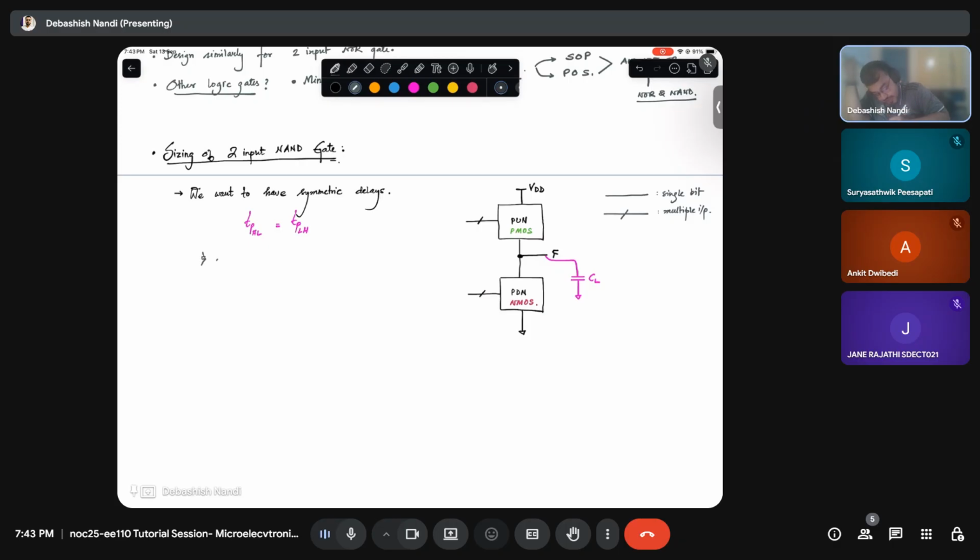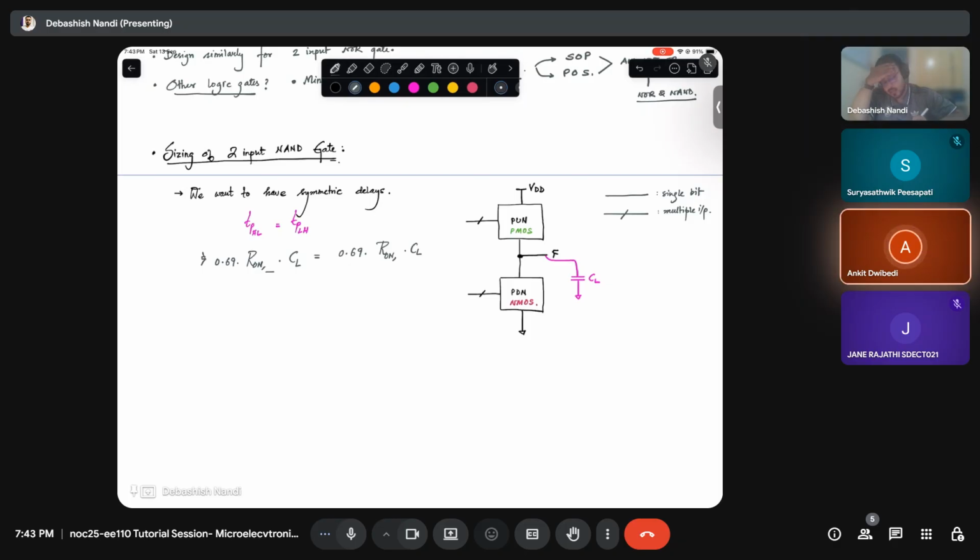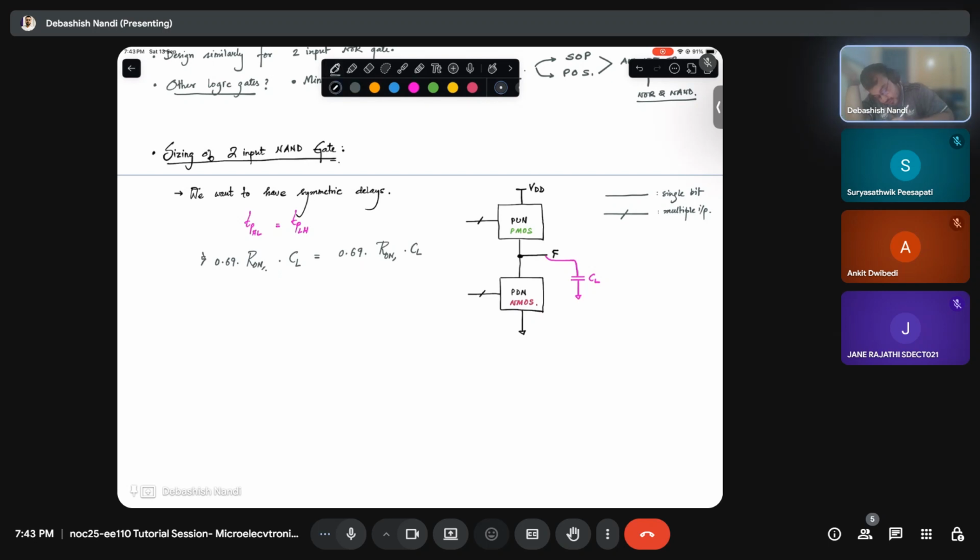So what will TPHL look like? It will be N, and for LH it will be, in this case, we will write it as PDN. It will be PUN, right?